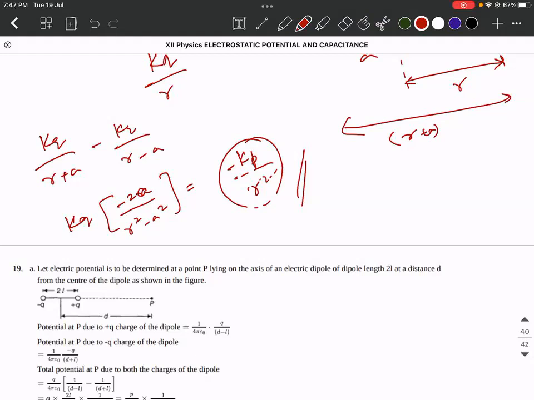Next we'll discuss electricity. So if there are any doubts, have a note. Anything else? Should we wind up then?